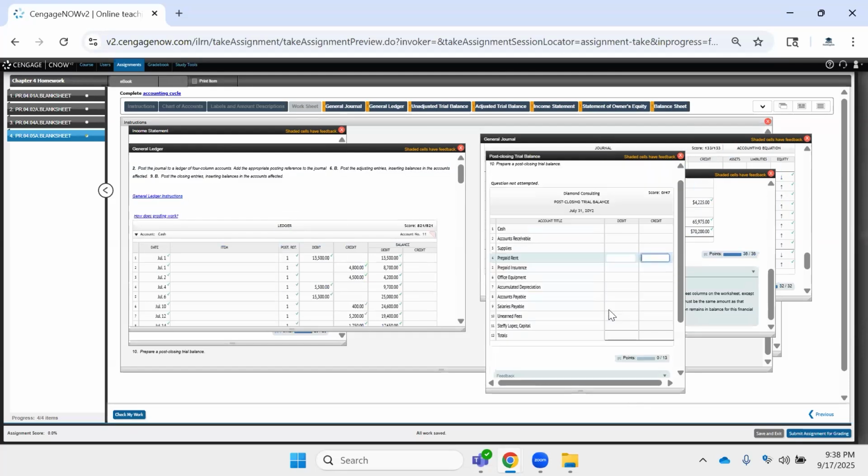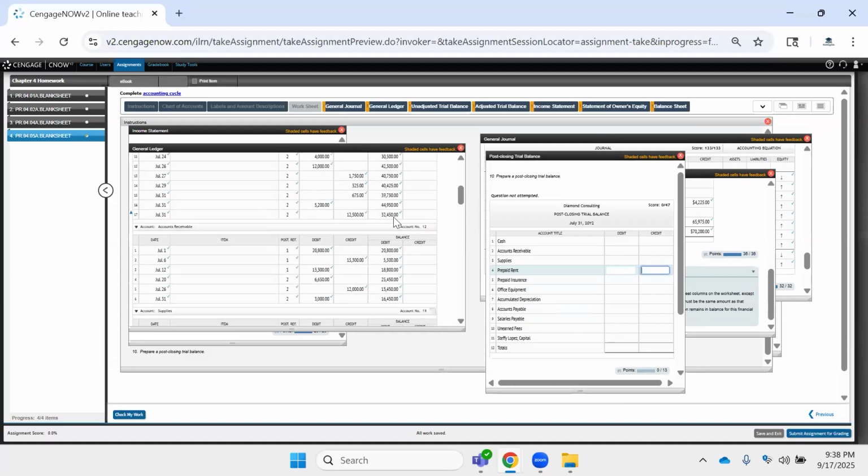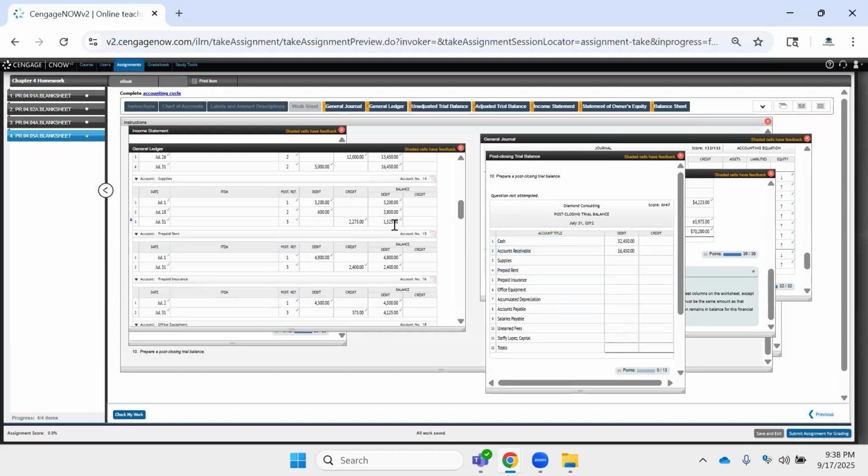And now we take our amounts from our balance sheet accounts, which are our permanent accounts, and we enter them on our post-closing trial balance.